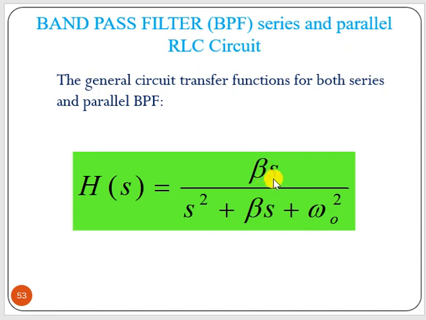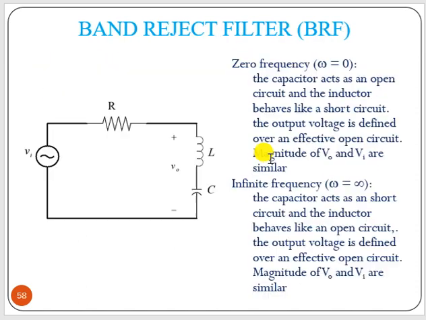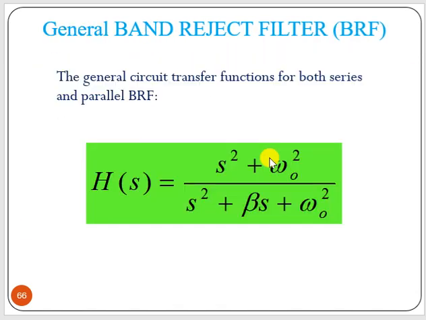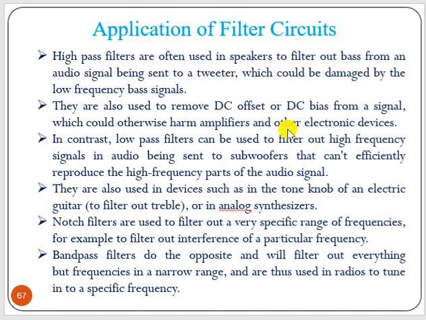That means at omega equal to 0 the output is 0, so it starts from 0. So the numerator is of first order for the band pass filter, but for the band stop filter, it is second order.